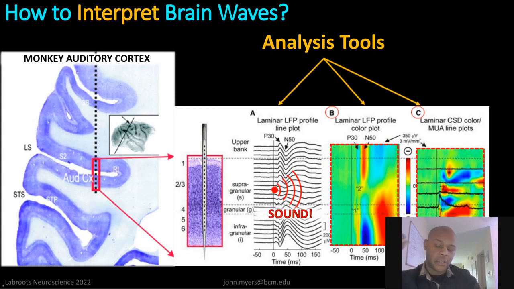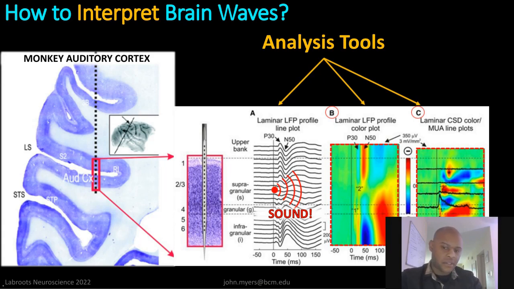And you can see here that across the layers of the cortex, that's 1, 2, 3, 4, 5, and 6, you can see that there are inputs and outputs, the sources and sinks, the positives and negatives, the blues and the reds. You can see different distributions of patterns there. So this helps us interpret these patterns of communication between brain regions.